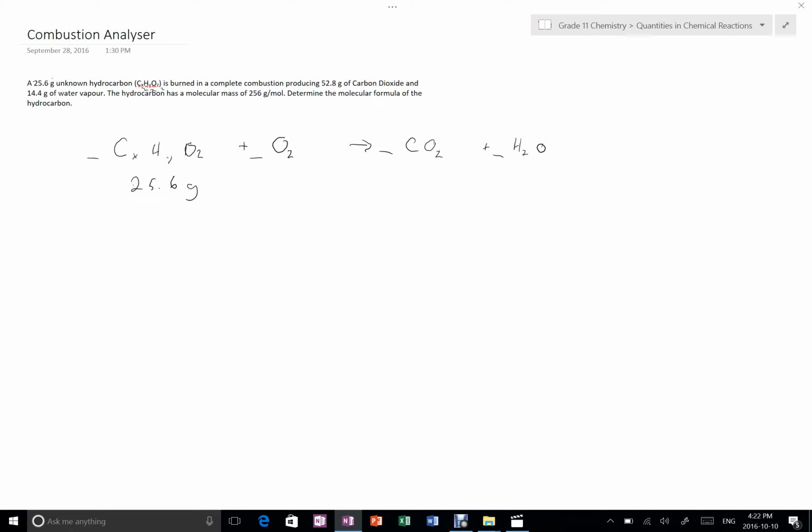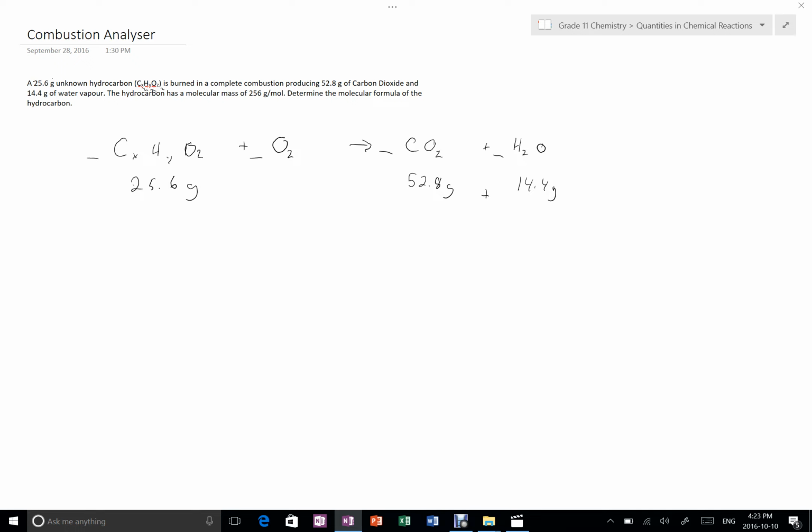And when it was burned, it produced 52.8 grams of carbon dioxide and 14.4 grams of water. Now you might be looking at that and say, whoa, the mass of the products is way bigger than the mass of the reactant. But remember, it was burned in air, so air was used in this reaction as well.